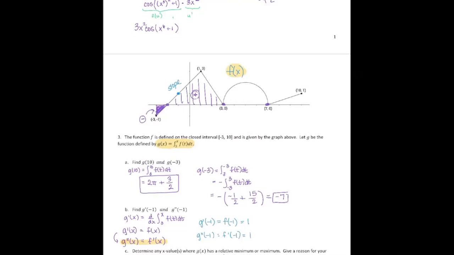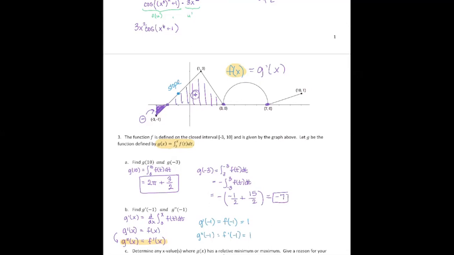When we are looking at f, which is also G prime of x, that's what this graph also represents based on this scenario, then the question is, where do we change from increasing to decreasing or vice versa? In other words, what are the relative extrema of G prime?